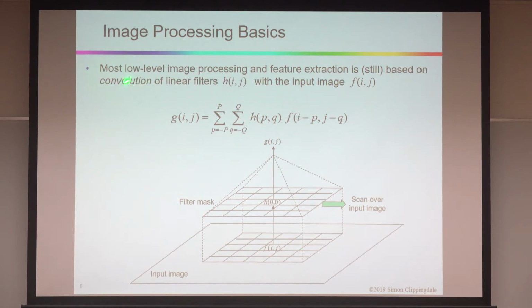So most low-level image processing is still based on the old kind of hardware model of convolution of linear filters with input images.